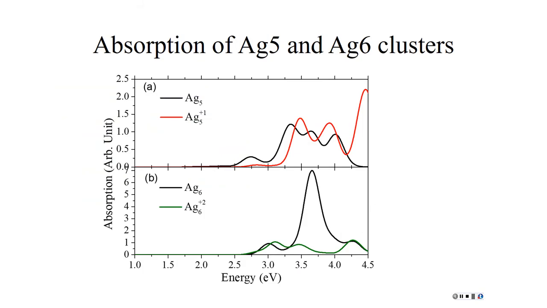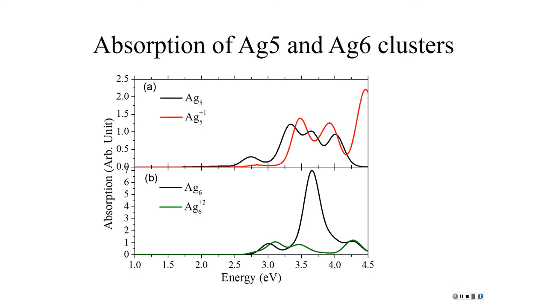So just for example, I'm showing you two of the most stable, taken from the previous result. If I take the silver 6 plus and silver 2 plus, it gives a very significant change. Another thing, for the first one, is the silver 5 plus 1 and neutral one.